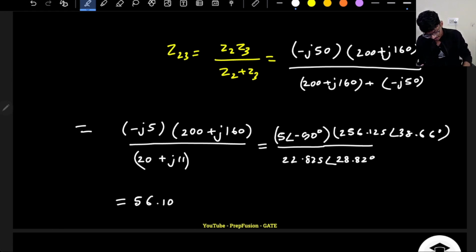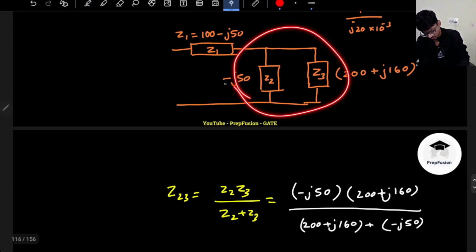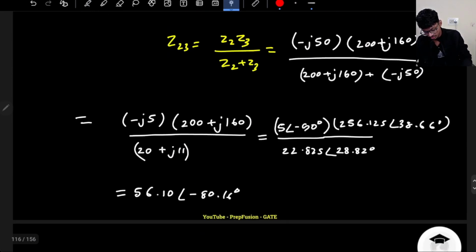And what is the angle? It will be 38.66 minus 28.82 minus 90, so it is minus 80. But this is not your answer, obviously, because this is just this portion, this much equivalent.